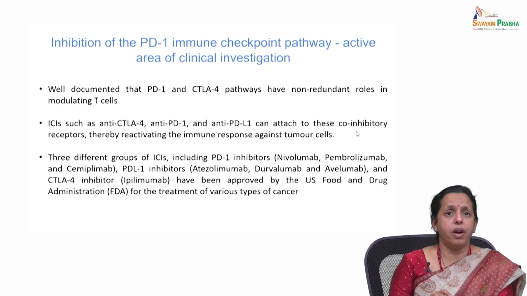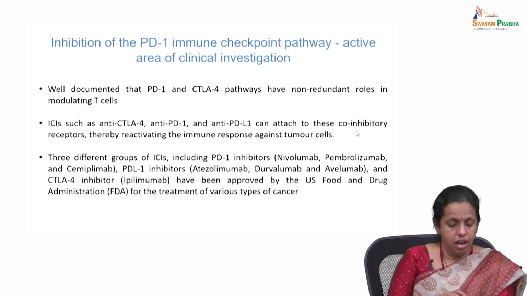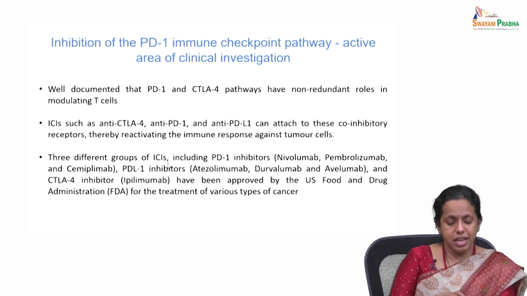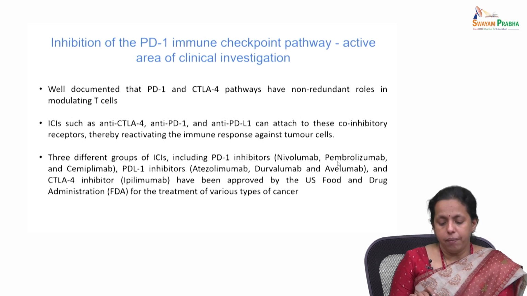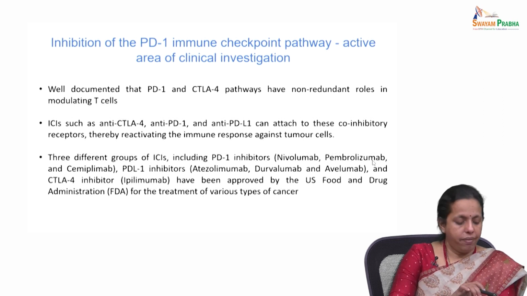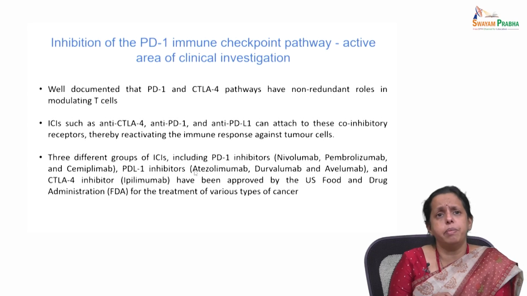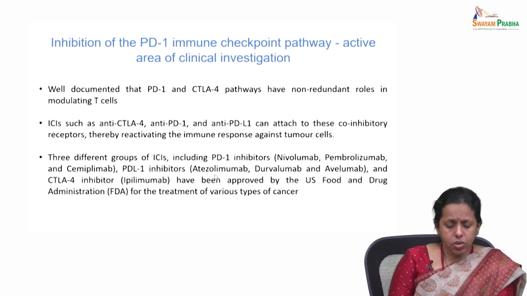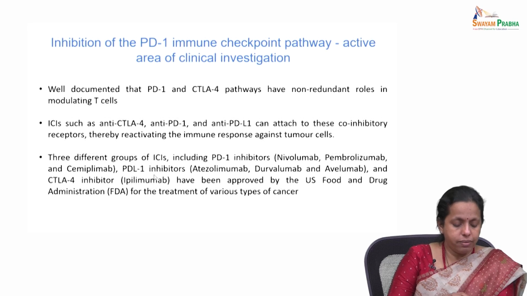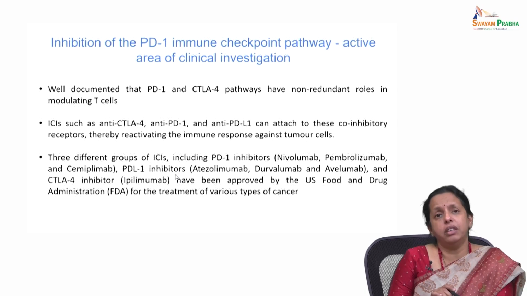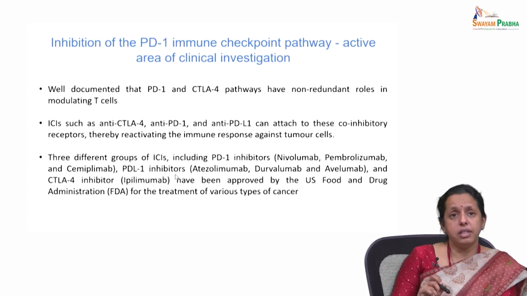The different groups of immune checkpoint inhibitors, ICIs, include your nivolumab, pembrolizumab, and cemiplimab, and the PD-L1 inhibitors, very important, which have been very successful in many clinical trials: atezolizumab, durvalumab, and avelumab, and the CTLA4 inhibitor. That is what we have seen in that diagram. These have all been approved by the US FDA for the treatment of various types of cancer.